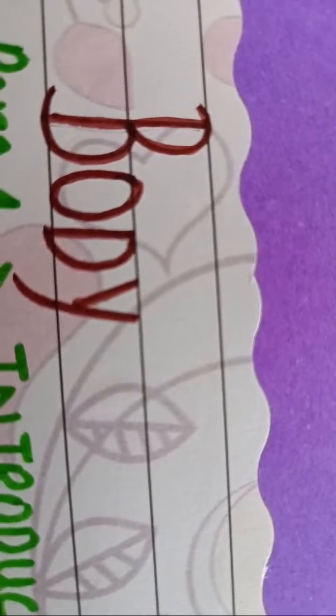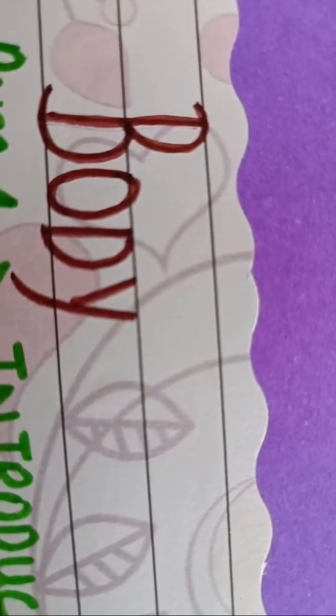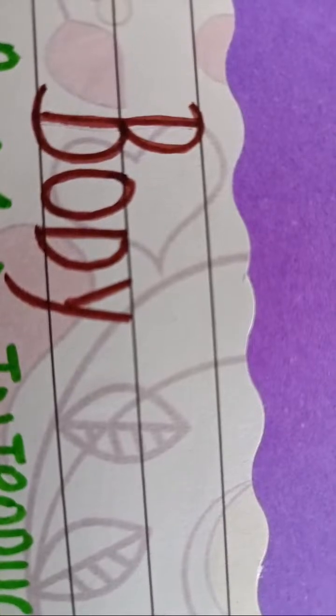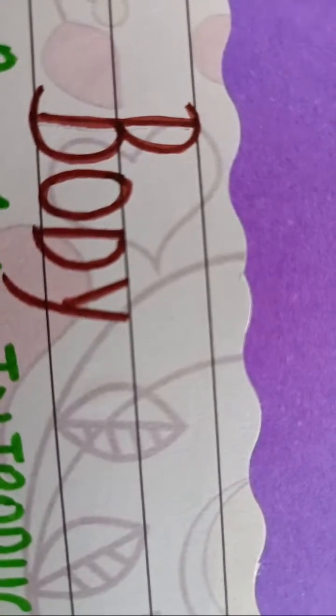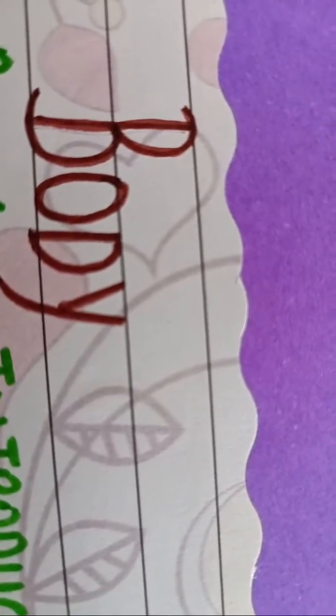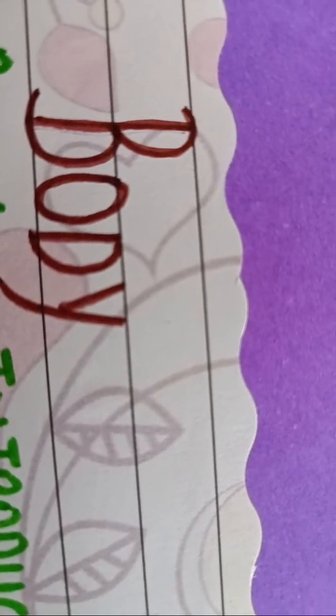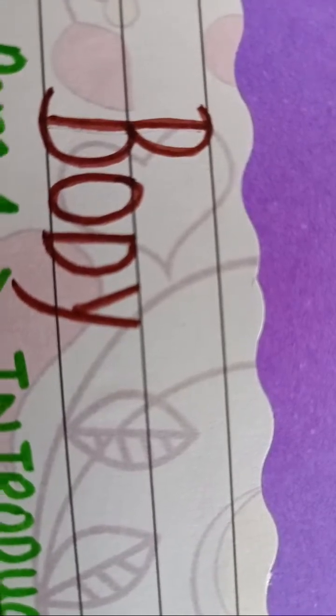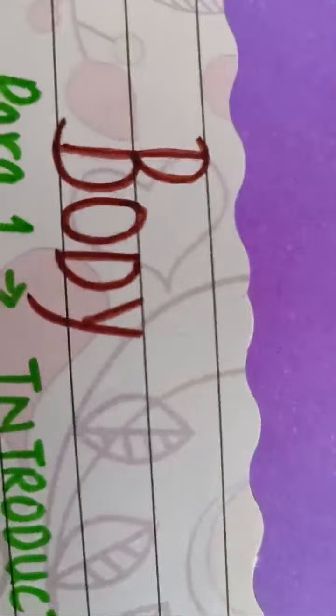So you can leave a line. You can leave a line after the sender address, after the date, after the receiver address. No issue. Okay, when you start the body, you have to leave a line before the body paragraphs commence.